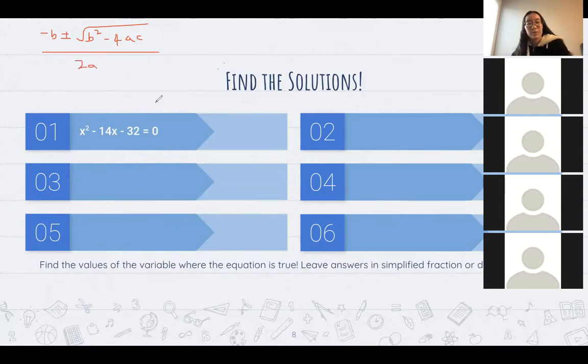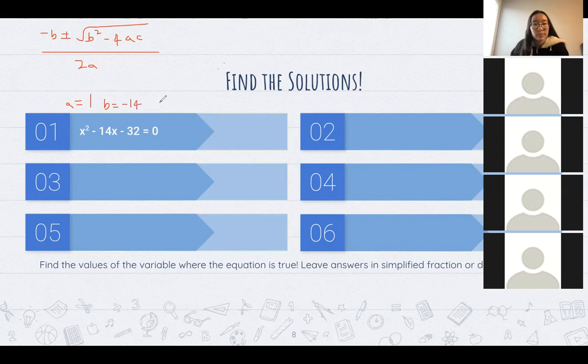All right, and then for problem 1, who can tell me what a is? Anyone? 1. Yeah, good job. So a equals 1. And what about b? Negative 14. Good job. And then c?